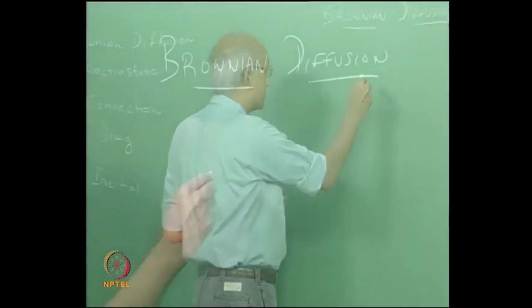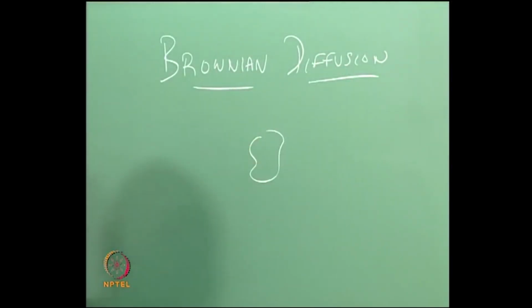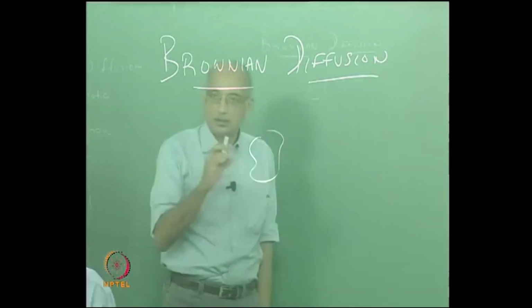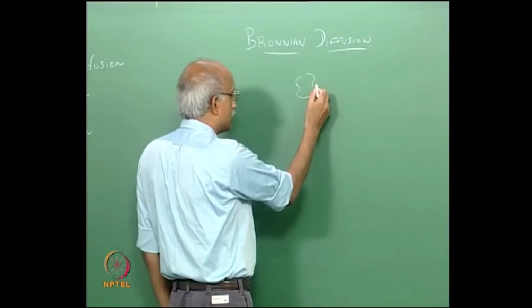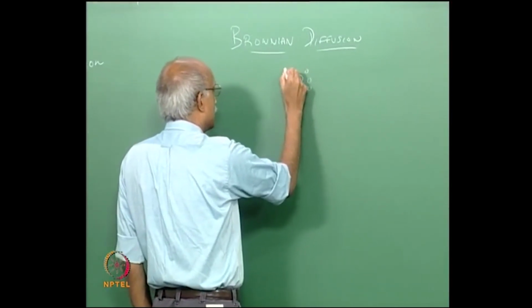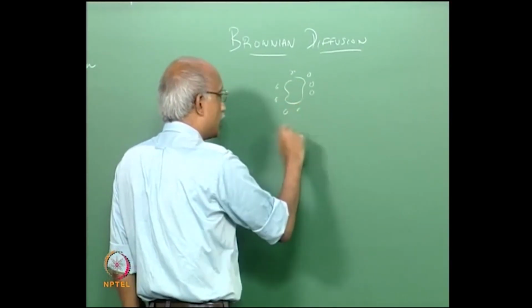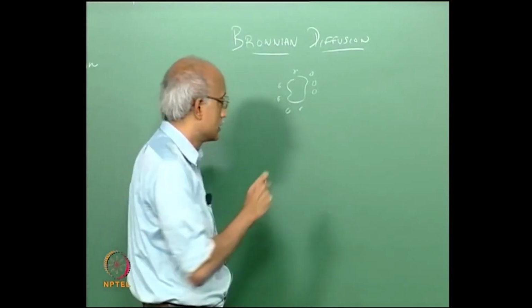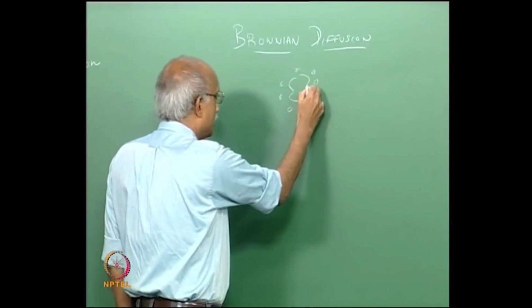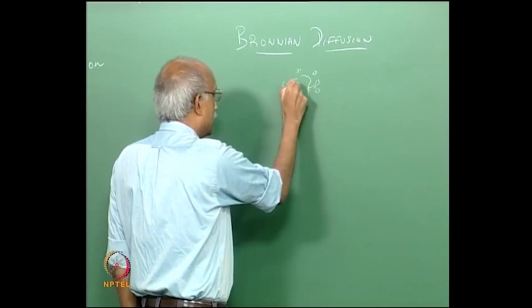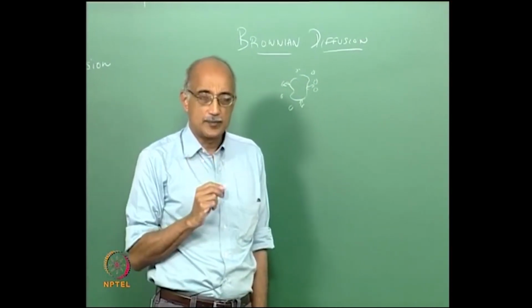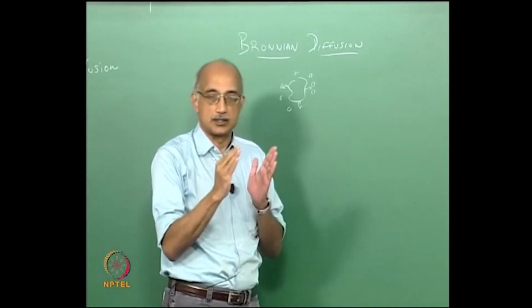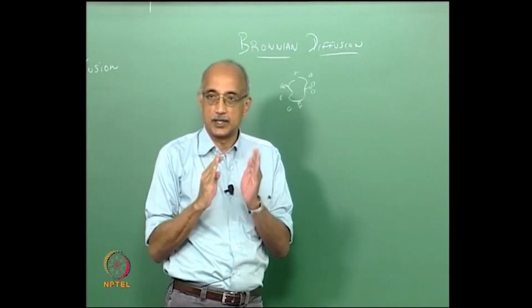The interactions are very similar, but here one of the key things we need to focus on is when you have a particle, by definition it is a little larger than the vapor molecules or fluid molecules that are surrounding it, and so you have all these molecules that are surrounding the particle, and the particle is being repeatedly impacted by the surrounding molecules. As that happens, there is an imbalance in the momentum that develops.